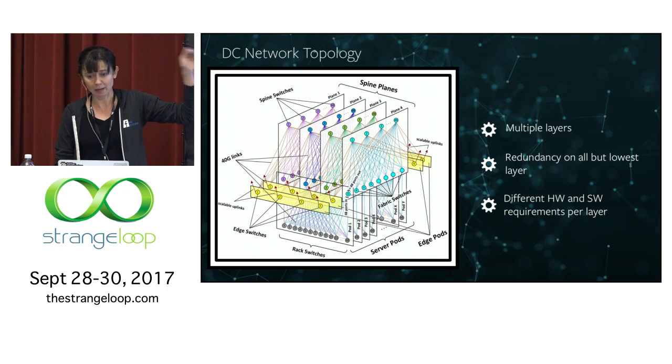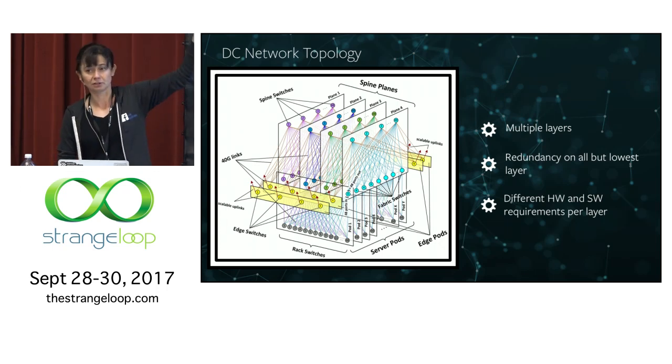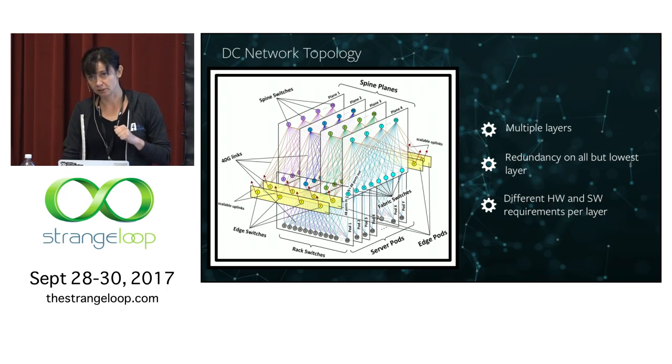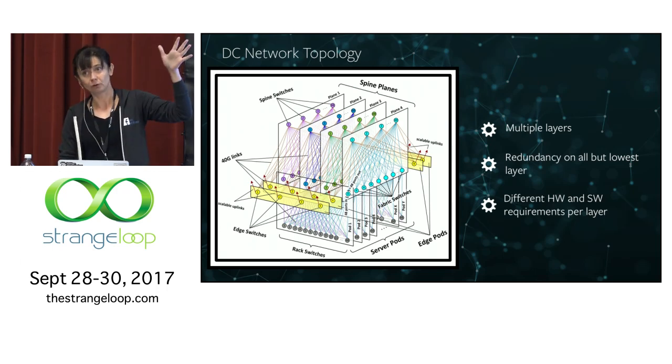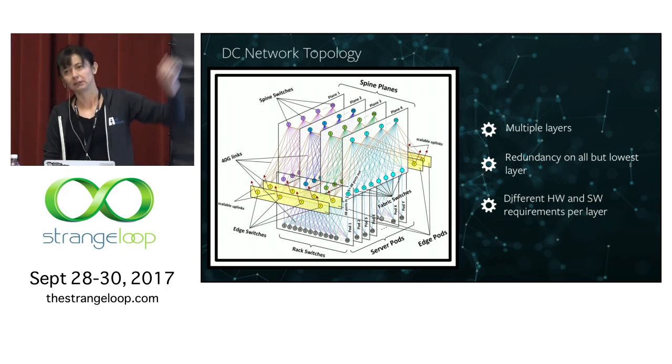Then the next level up is where we have these fabric switches connecting to spine switches. And again, they have 4 of them, so there's redundancy on that level. And then the last layer is where spine switches connect to edge switches. Again, there are 4 of them, and that's where the network basically leaves the data center.